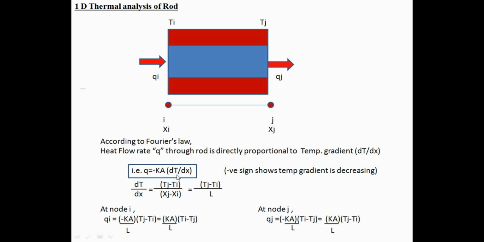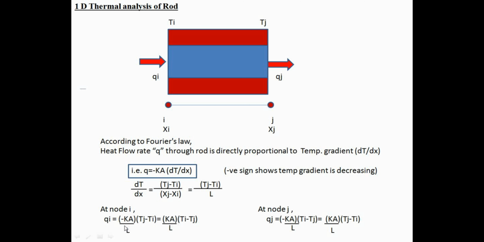Now what is dT by dx? dT is the temperature difference, that is Tj minus Ti. dx is xj minus xi, which is L, the length of this element Ij. So dT by dx is (Tj minus Ti) divided by L. At I node, Qi will be minus KA divided by L times (Tj minus Ti), where K is the thermal conductivity, A is the cross-section area, and L is the length.